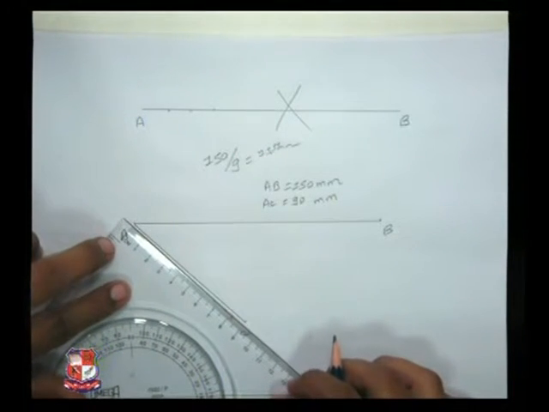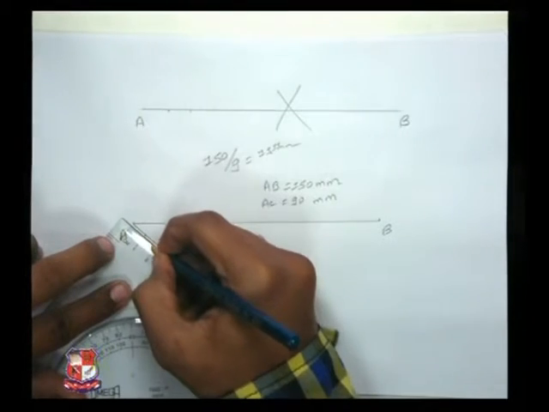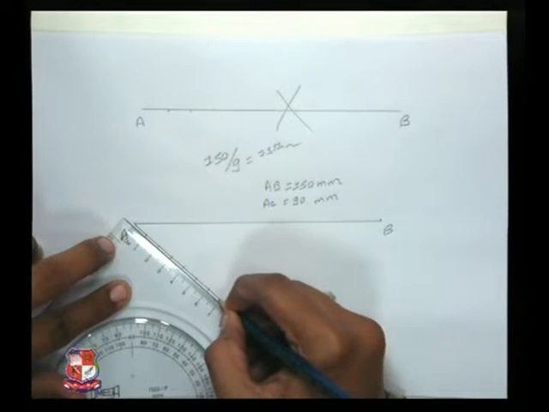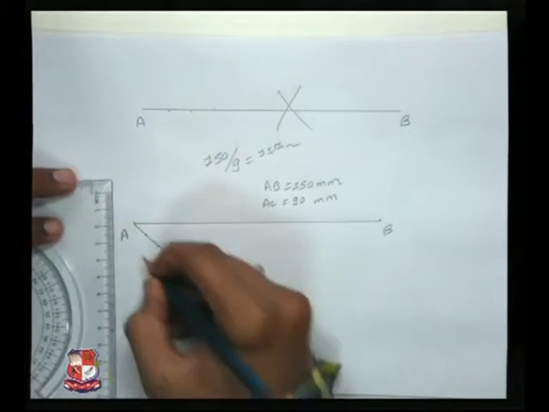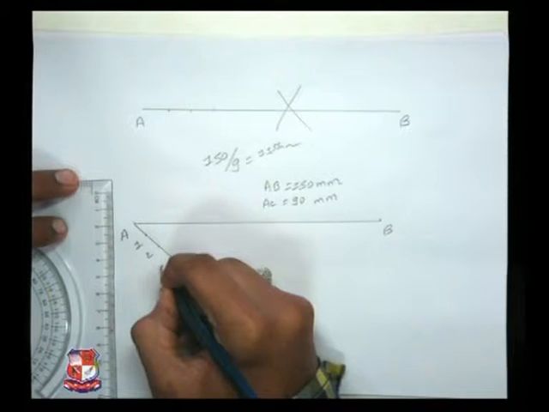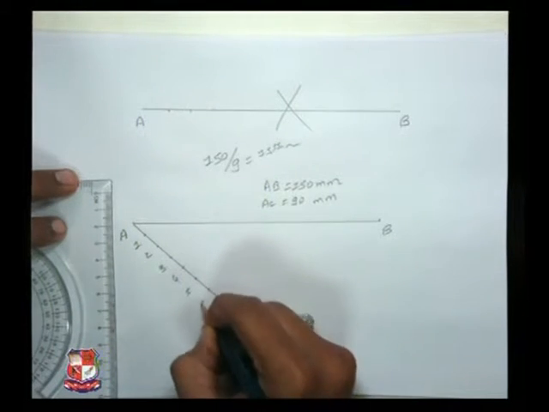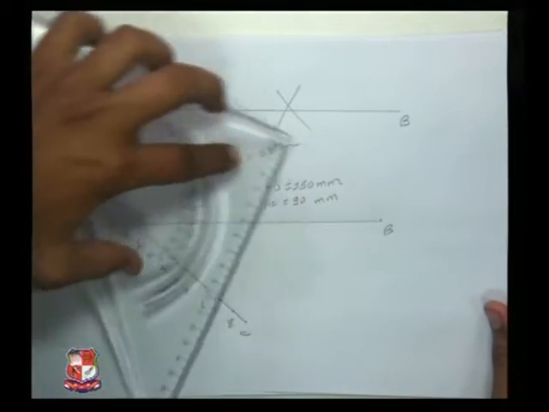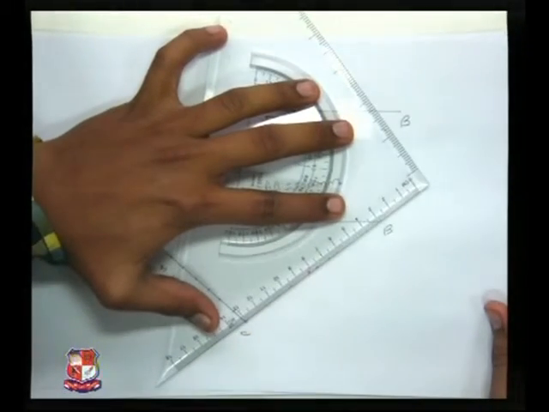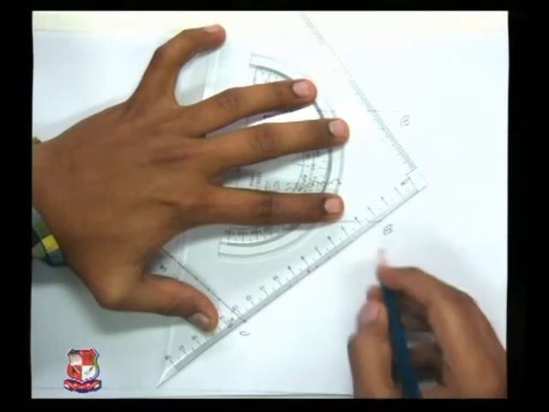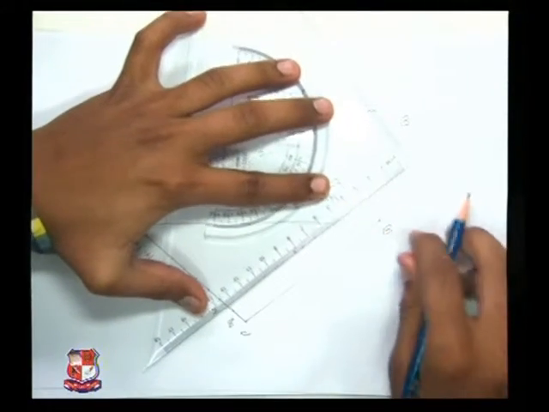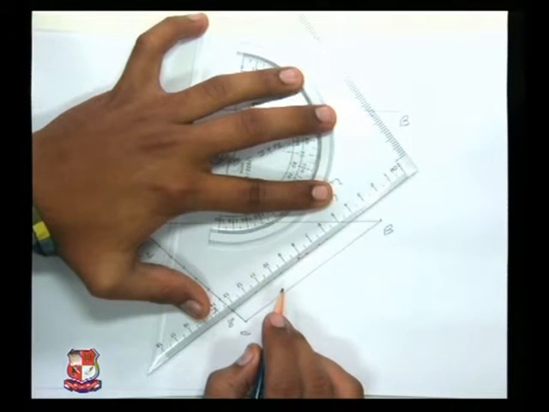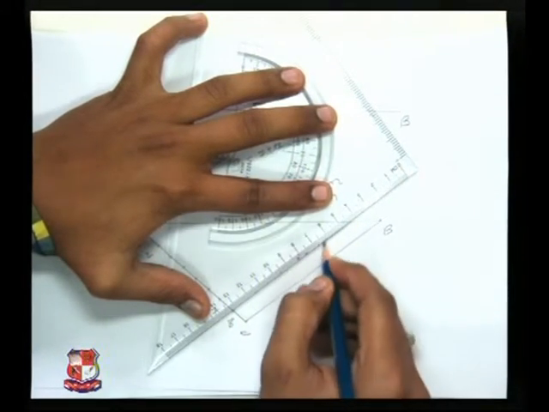Divide AC into 9 equal parts, 1 2 3 4 5 6 7 8 and 9. Name it. Join BC. Now draw parallel lines to BC from all the points.